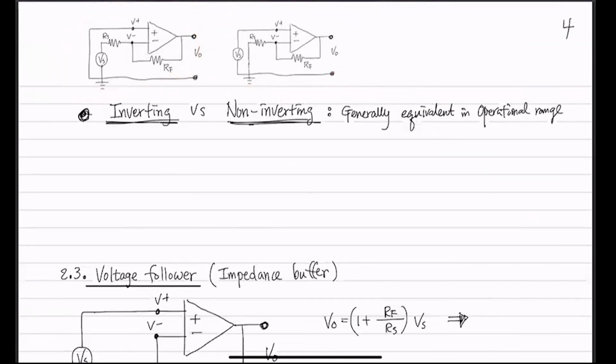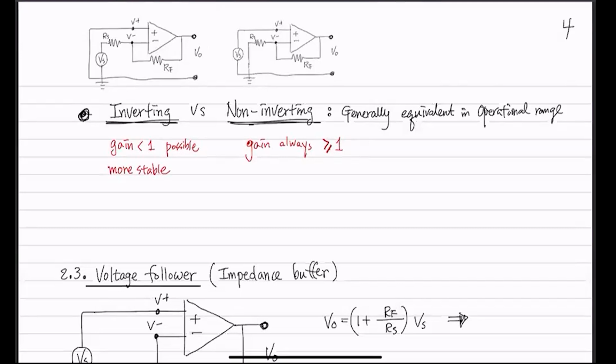From here, let's just write down and summarize first, and then maybe I'll explain. So for the inverting amplifier, gain that is smaller than 1 is possible. But for non-inverting, gain is always greater than 1. And it is said inverting amplifier is a little bit more stable.